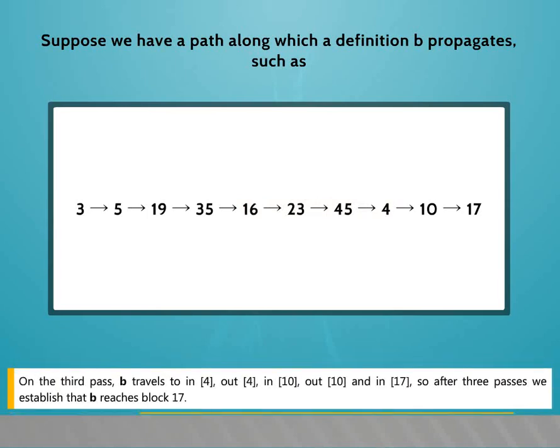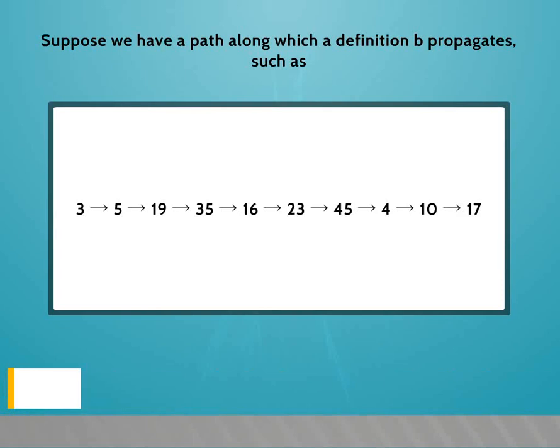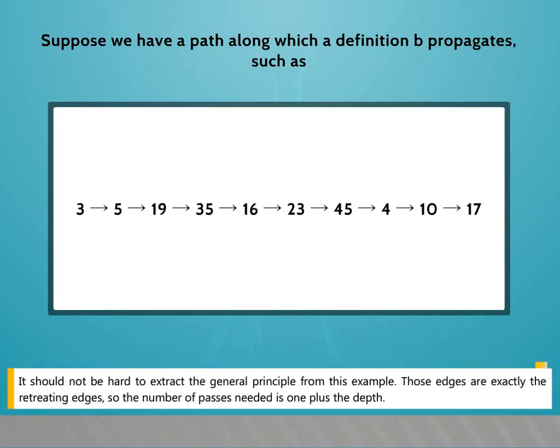On the third pass, B travels to in of 4, out of 4, in of 10 and out of 10 and in of 17. So after 3 passes, we establish that B reaches block 17. It should not be hard to extract the general principle from this example. Those edges are exactly the retreating edges, so the number of passes needed is 1 plus the depth.